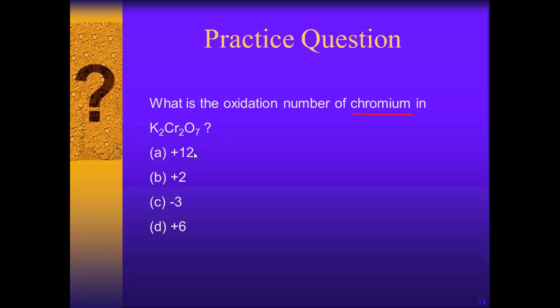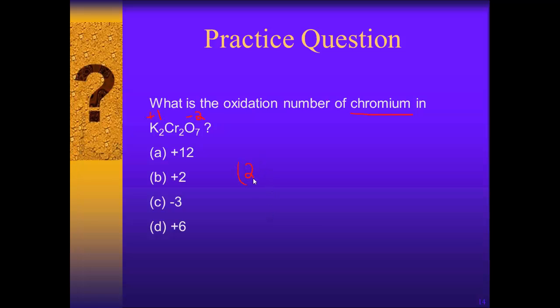Chromium. Okay. This time, do we have a rule for chromium? Well, chromium is not a group 1 or group 2, nor aluminum. It's a transition metal, so we don't have a rule for chromium. But as we saw previously, we do have rules for both the potassium of +1, the oxygen -2. So now we have to solve.